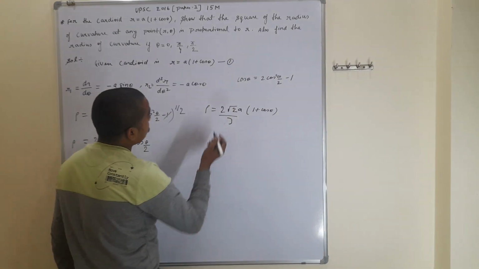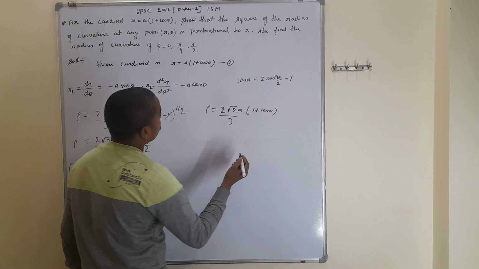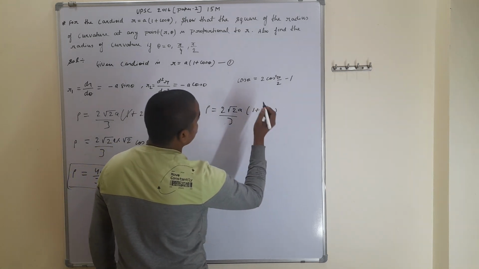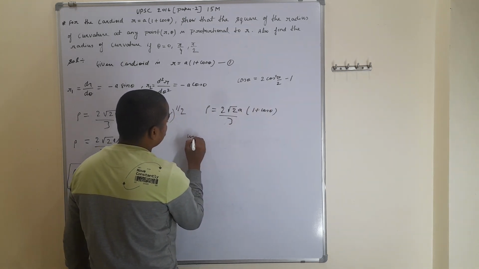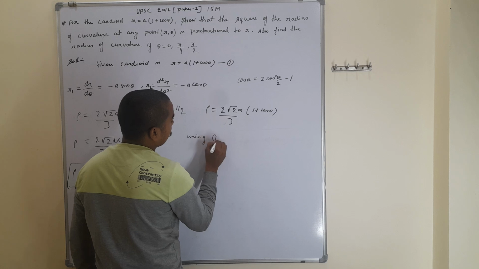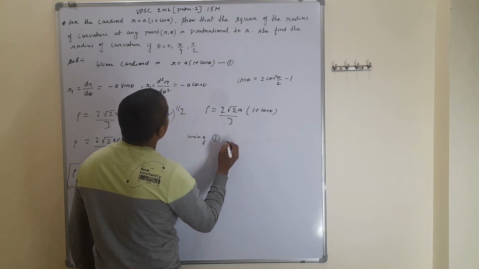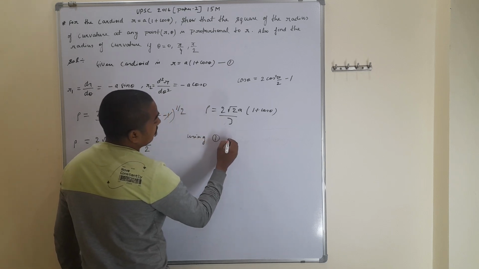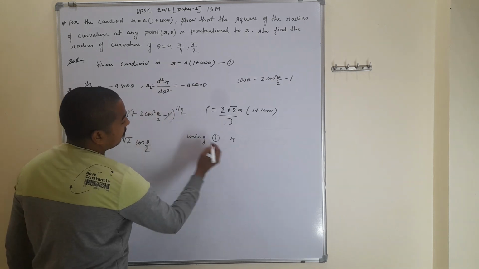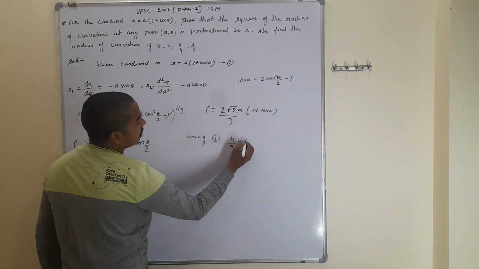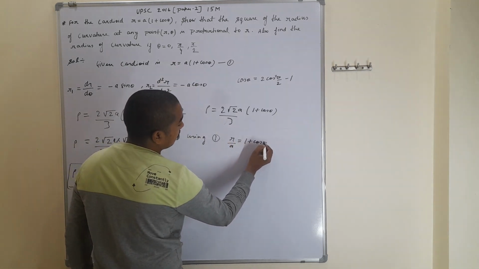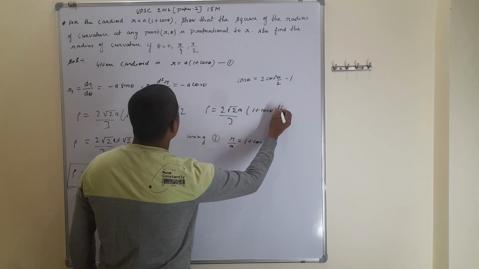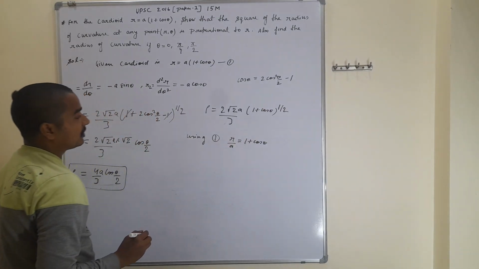Then using equation 1, r upon a is equal to 1 plus cos theta. This is power 1 by 2, don't miss it out.